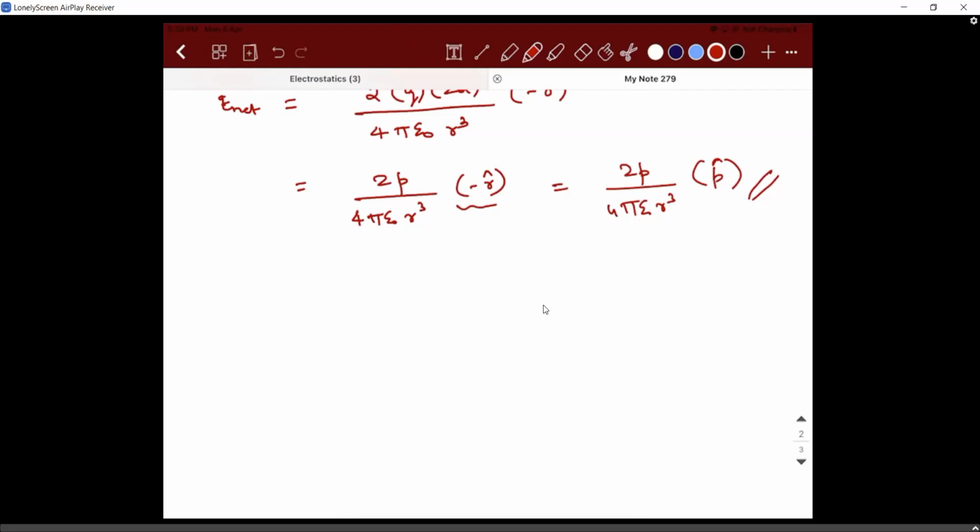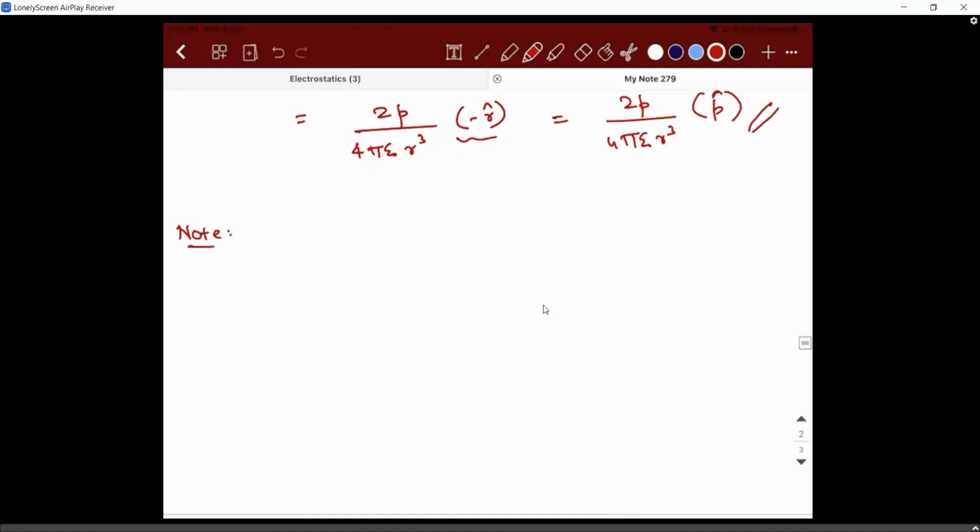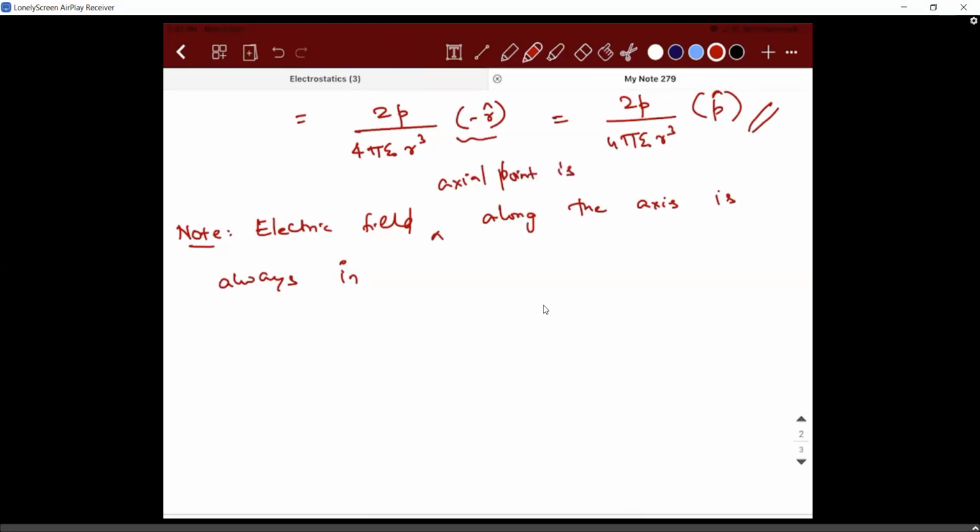An important conclusion that we can draw here is, electric field along the axial point is always in the direction of dipole moment.